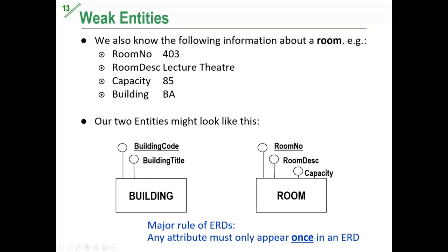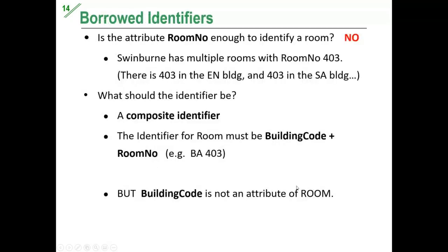You can't repeat it again in the same diagram. So if you want to borrow something from the other table to define the primary key, there is a way that we can show how to borrow it, but we are not going to show it as an attribute in the ERD.